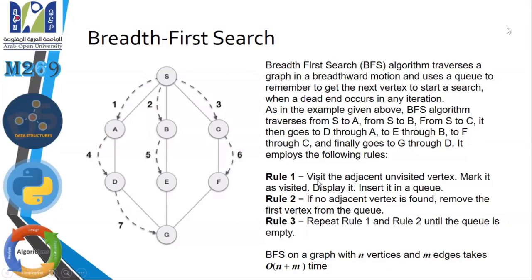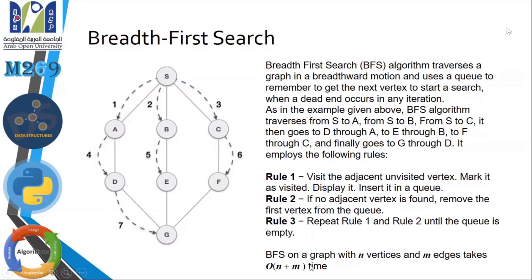You put any sign. Display it. Insert it in the queue. I will explain it practically now. Rule number two. If no adjacent vertex is found, remove the vertex from the queue. Number three, repeat rule number one and rule number two until the queue is empty.